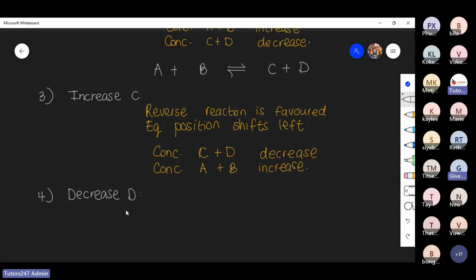So we always go from reactant to product. So our equilibrium is going to go from left to right, which means we are favoring the forward reaction. So we'll say forward reaction will be favored, and our equilibrium position shifts to the right.